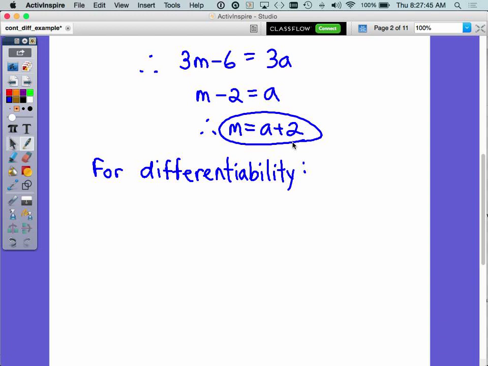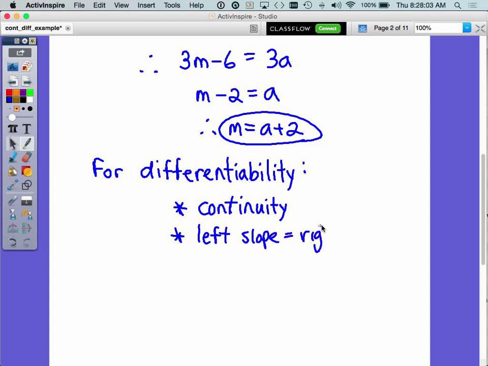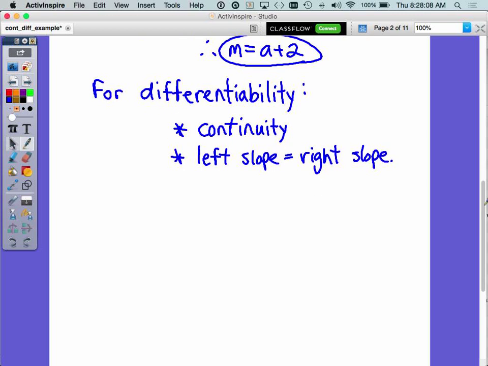So for differentiability, I need continuity, which we've already established in the previous part, and I need left slope to equal right slope. Like I say, I've already done the first part. I've already got the continuity, so I'm going to focus on left slope equals right slope.